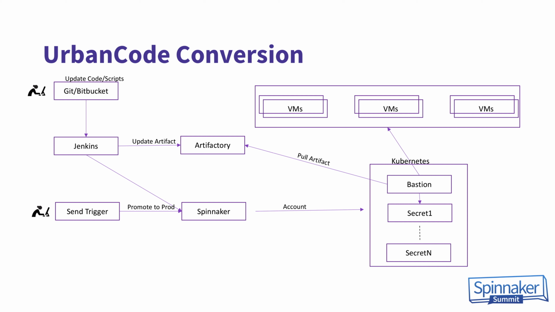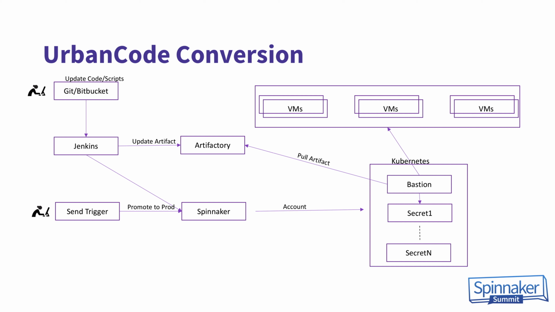So typically, this is how it would look like, where you have the Spinnaker. Spinnaker would have a run job that would go run the job in Kubernetes. It will be like a bastion service that runs, which will then connect to your VMs and executes the sequence of shell scripts. Right? The bastion here, the interesting thing is you have the secrets that you would need to connect to the bastion.